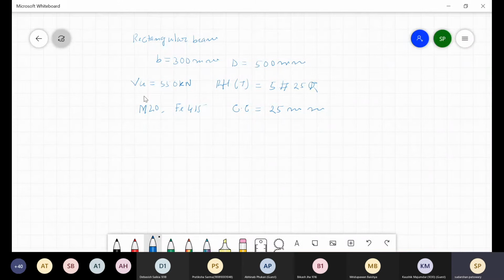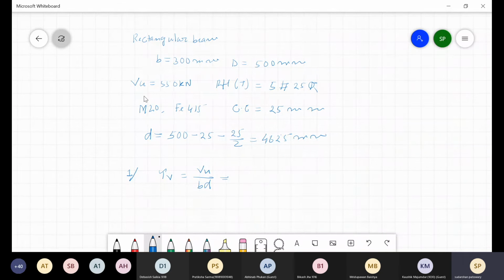So first, let me find out small d, effective depth. That is 500 overall depth minus clear cover 25, minus half the diameter of the bar, 12.5 mm. Next, what will I calculate? Tau V is equal to Vu by bd. We will check whether shear reinforcement is required or not.